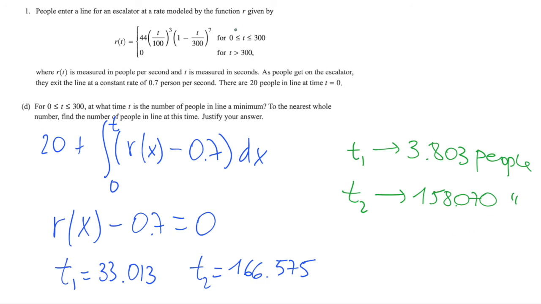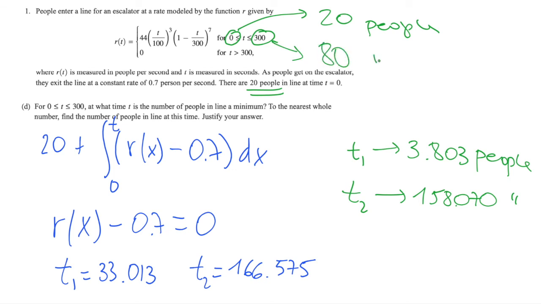We also need to consider the times 0 and 300. At time 0, it's given at the beginning, we have 20 people, and at time 300 we have seen in previous sections of this exercise that we have 80 people.